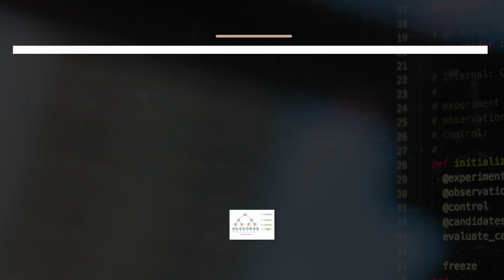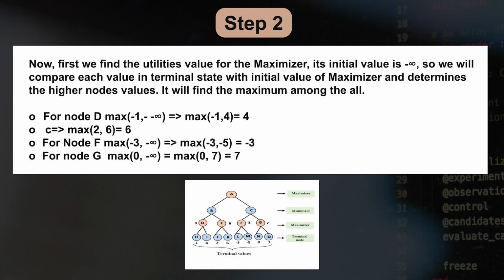Step 2. Now first we find the utility values for the maximizer. Its initial value is minus infinity. So we will compare each value in the terminal state with the initial value of maximizer and determine the higher node's value. It will find the maximum value among all.